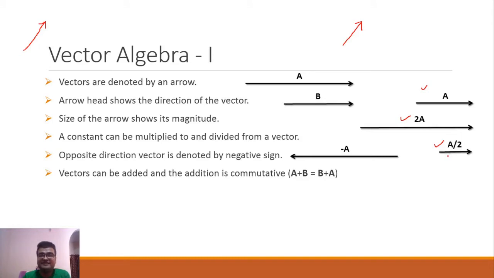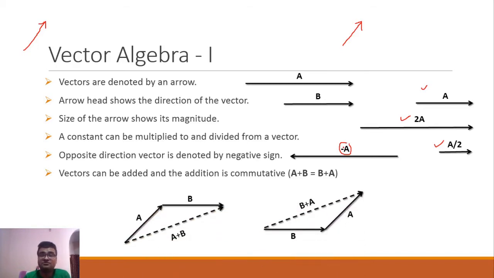If the direction of a vector A is made opposite, it will be denoted by a negative sign like this. And also, two vectors can be added and their addition is commutative.